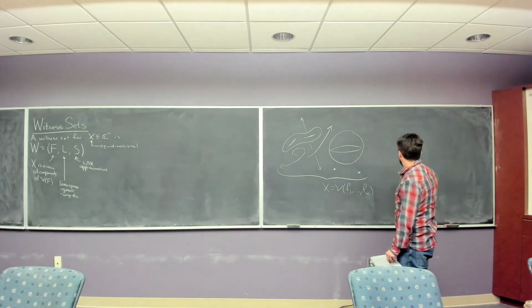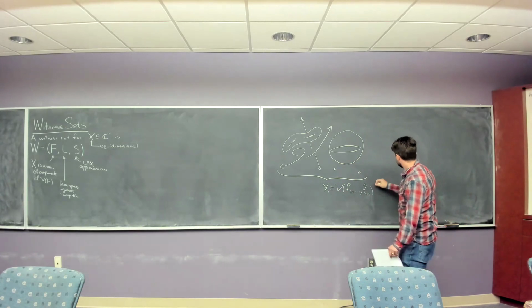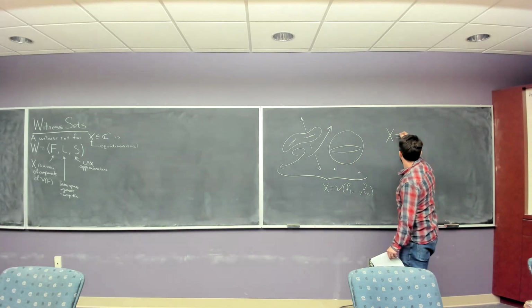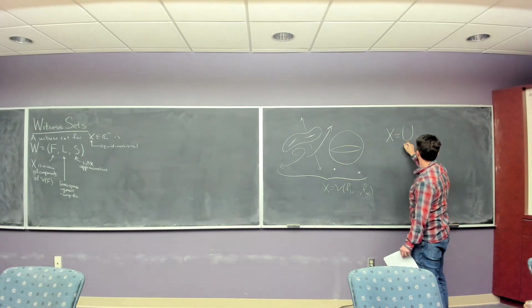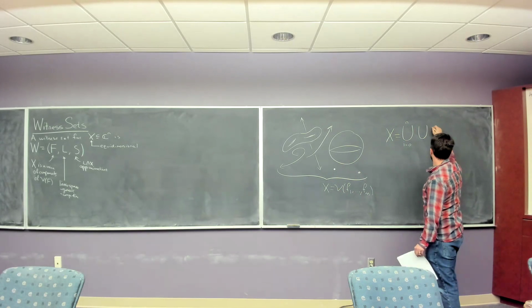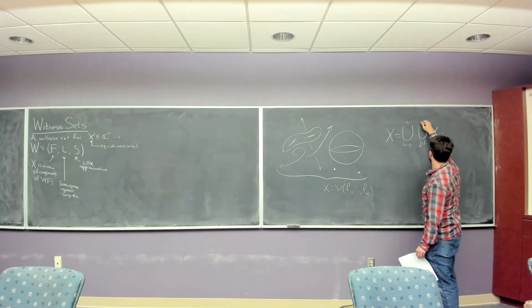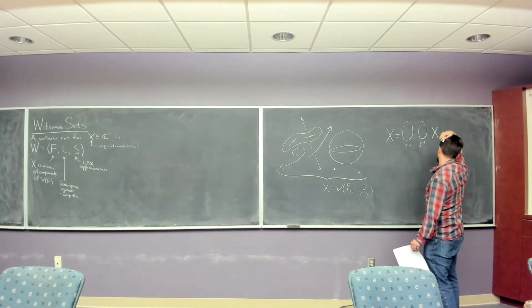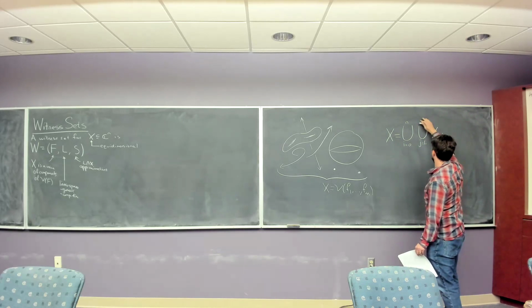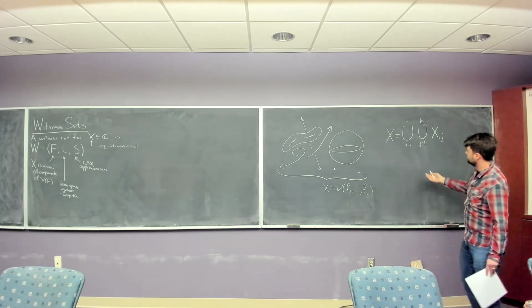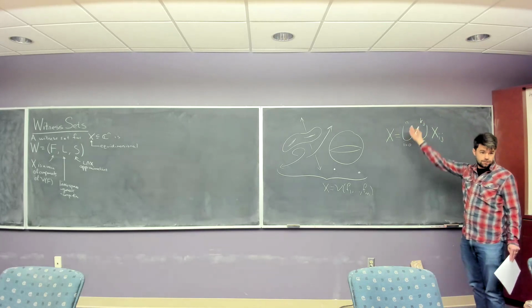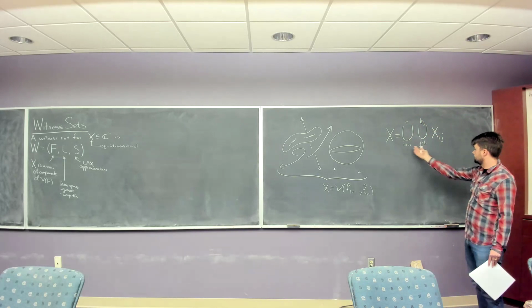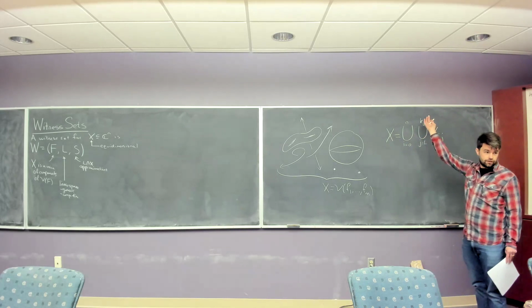Okay. And indeed, this variety, we're going to write it as a union of components in this way. So first, we're going to take the union over all the dimensions. And then for each dimension i, we're going to take a union of all the components.